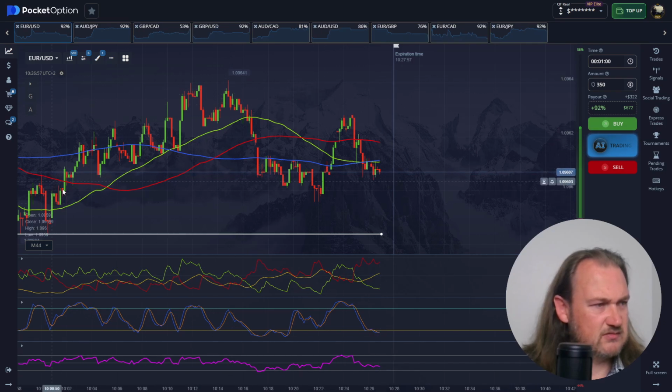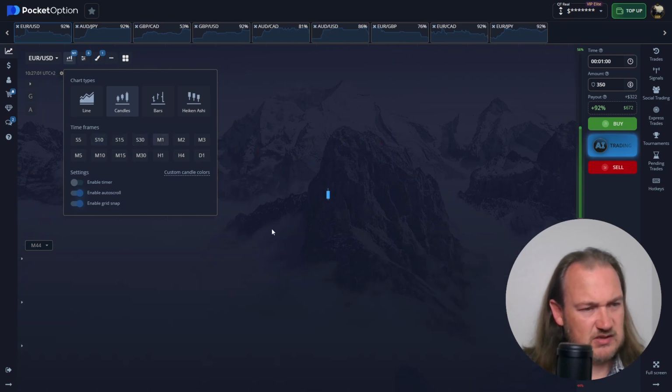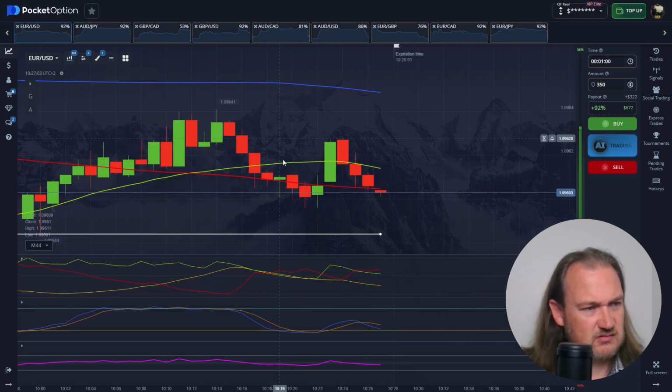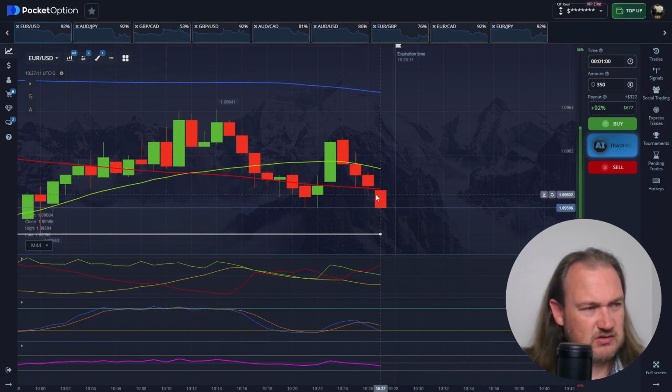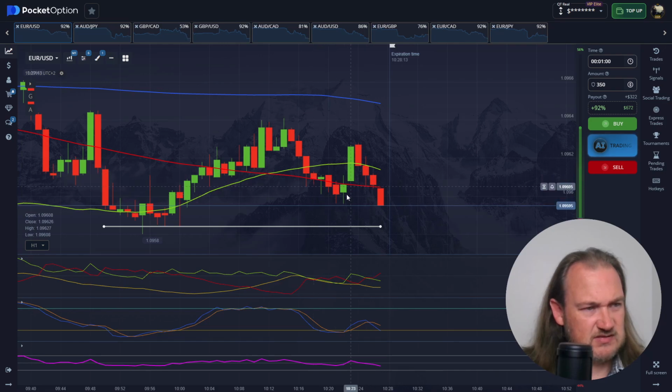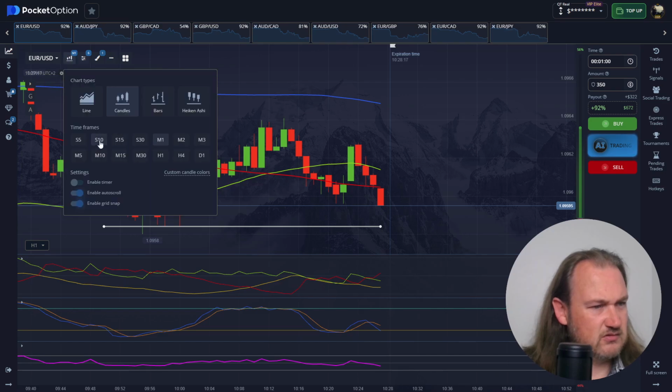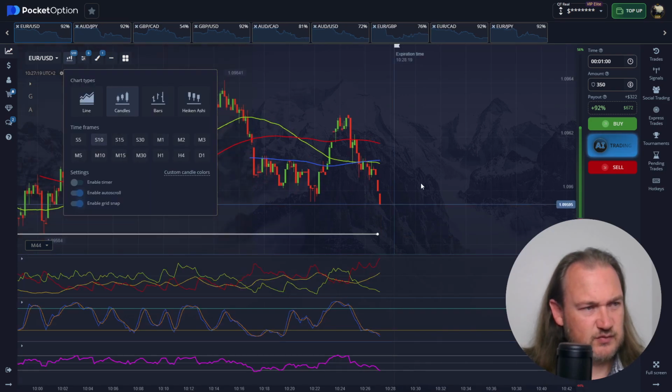On the 1 minute, this will be like small candles trickling. Small candles, big red, big green, 2 reds, and 3 fairly biggish reds, and now we're back where we were. So this is not ideal movement. That's a big candle. Let's see if we get something.